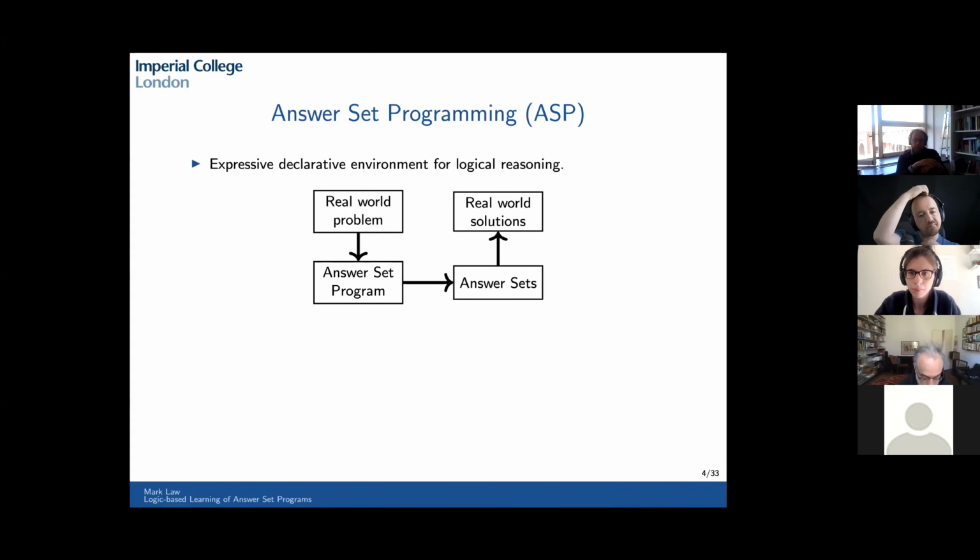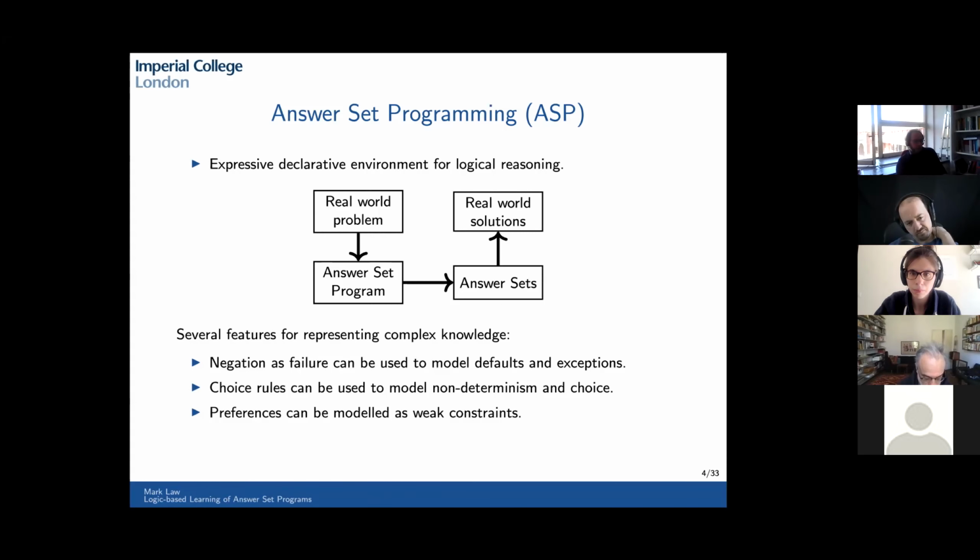And when we're writing answer set programs, usually the idea is that we start with a real world problem that we're trying to solve. We encode it as a set of logical rules called an answer set program. We then use an answer set solver to find what are called the answer sets of the program. And these are essentially just a special subset of the models of the program, such that each of these answer sets then corresponds to one of the real world solutions of the problem that we're trying to solve.